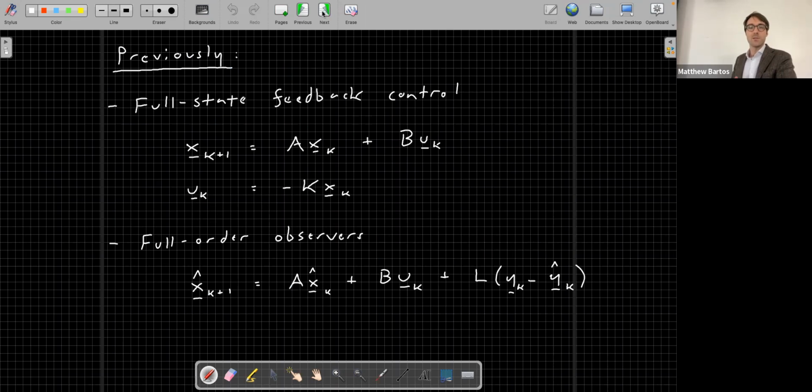If we have a dynamical system of the form x_{k+1} = A x_k + B u_k, this is a discrete time LTI system, we can formulate a feedback control law of the form u_k = -K x_k, so a linear function of the current state of the system. And using this feedback control, we can essentially redesign the system however we want. We can create a new closed loop system with poles in the desired locations that we wish, such that we can achieve stability, reference tracking, disturbance rejection, and all those good things.